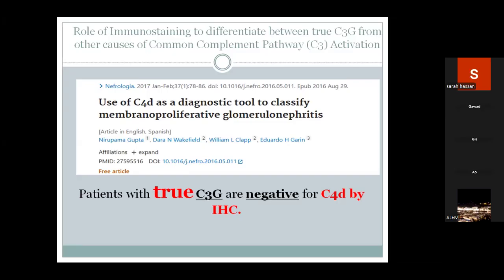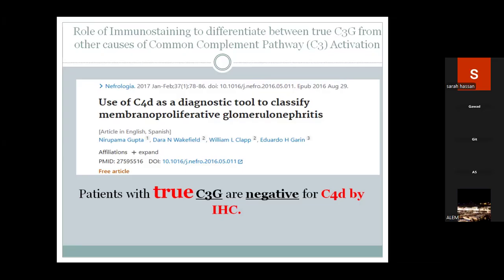In these cases, C4 in the serum will be normal, and C4d in the immunohistochemistry used in the renal biopsy will be negative. So this paper was talking about C4d as a diagnostic tool to classify MPGN, and how patients with true C3G are negative for C4d by immunohistochemistry.